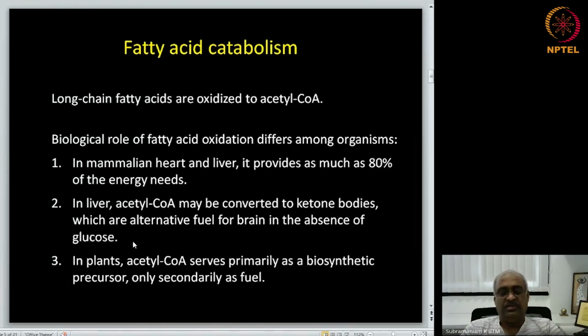We only focused on how the amino group is removed from the amino acids and how that is excreted. So we saw the nitrogen entry and nitrogen exit alone. And there again, for the exit, we focused only on what happens in mammals, the urea cycle alone.